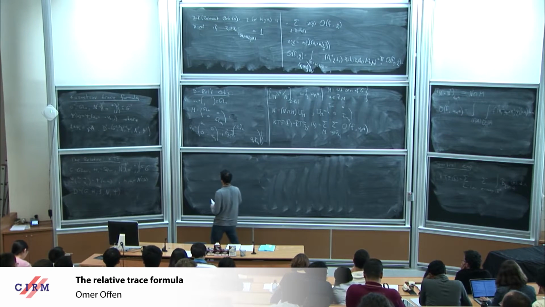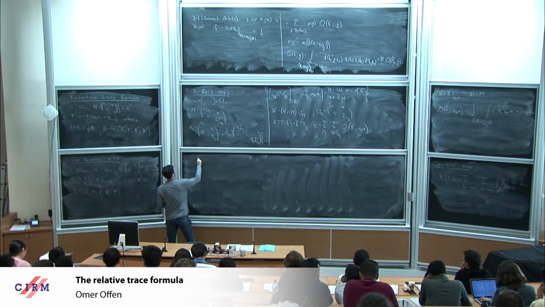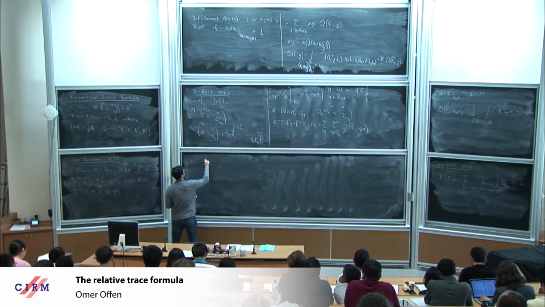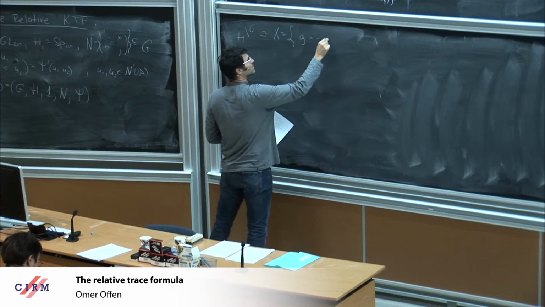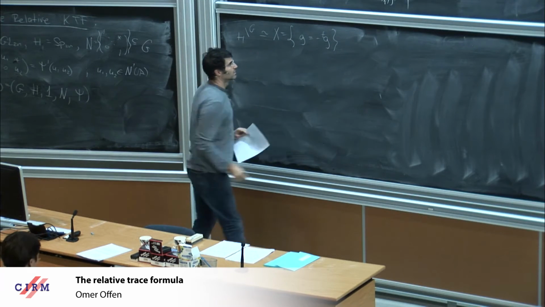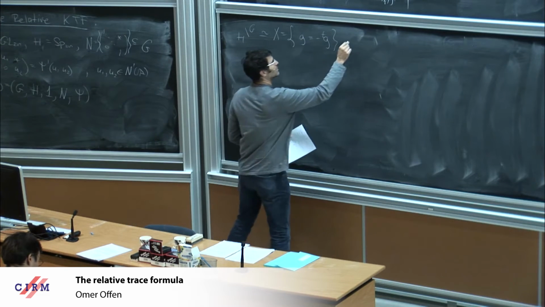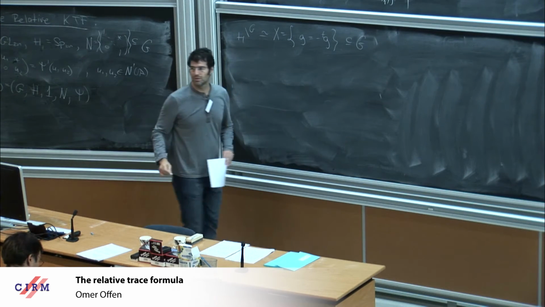Okay, so we have seen that already. Let me just write it down briefly. We can identify G mod H with the space of skew symmetric matrices in G.